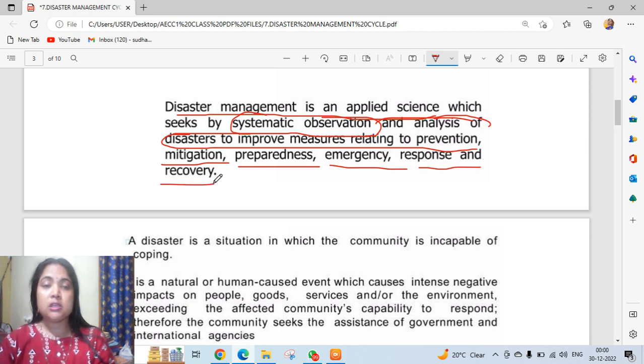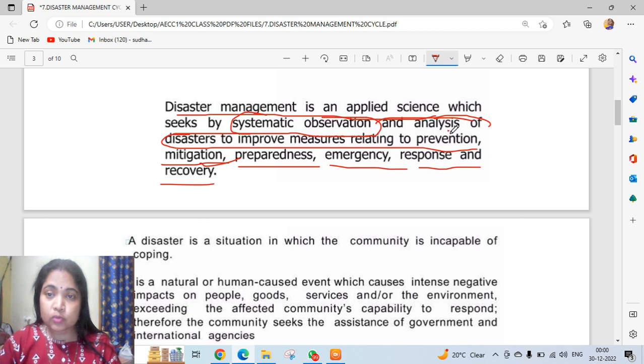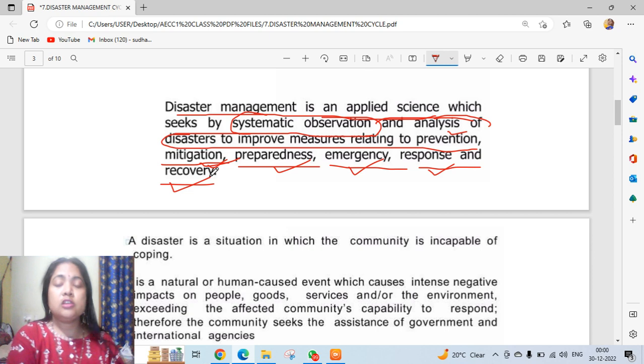So in disaster management, there are several steps involved. What are the steps? First prevention, mitigation, then preparedness, then emergency response, and at last recovery. These are the important steps of disaster management.